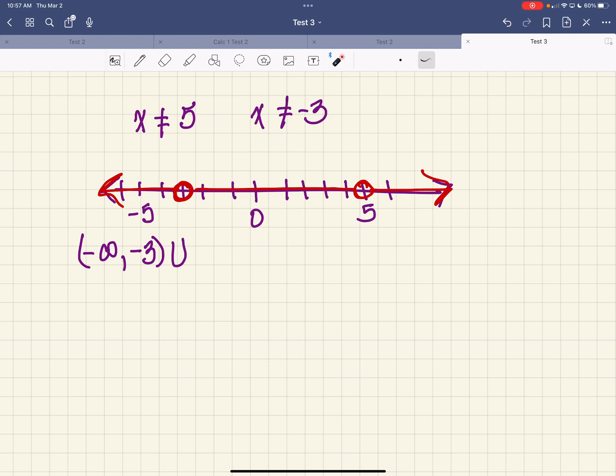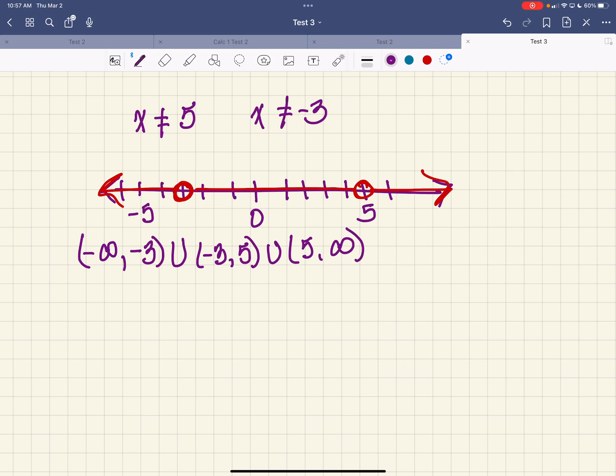So what we need to do is make sure in interval notation we account for this right here. So I start at -3 and I go to 5. That right there is the number one thing that students forget, is they forget this middle part. That's why drawing a number line is helpful.